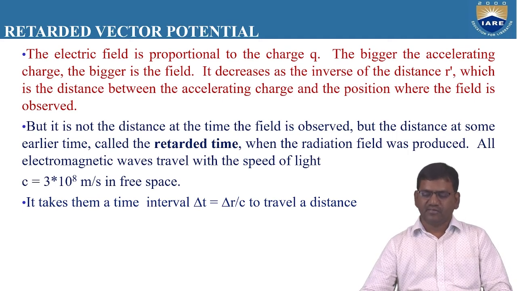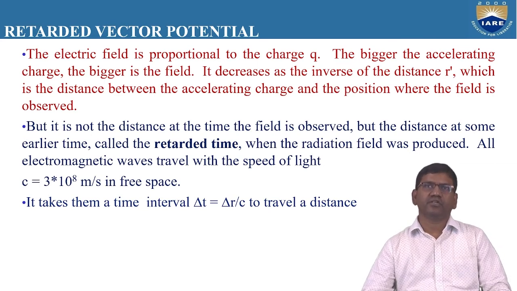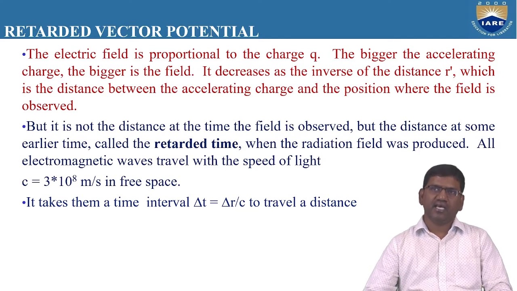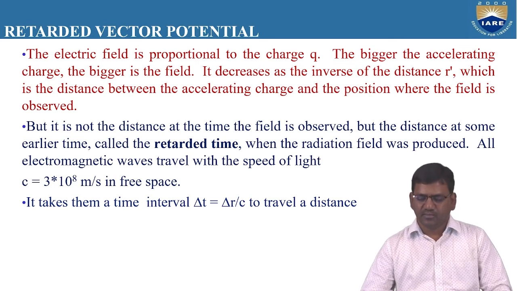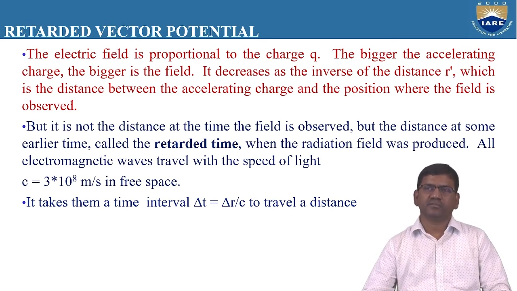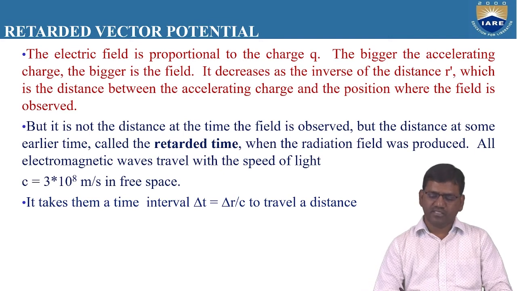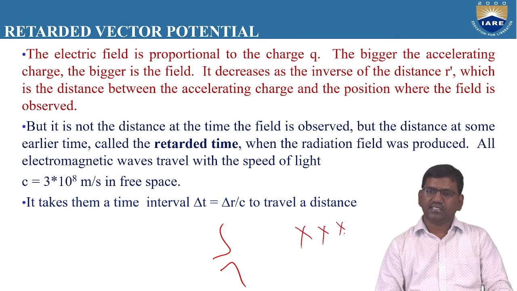So it decreases as the inverse of the distance r. That means the electric field produced by the conductor will decrease as the distance is increased, where r is the distance between the accelerating charge and the position where the field is observed. If this is the conductor, as the distance increases, the electric field decreases.